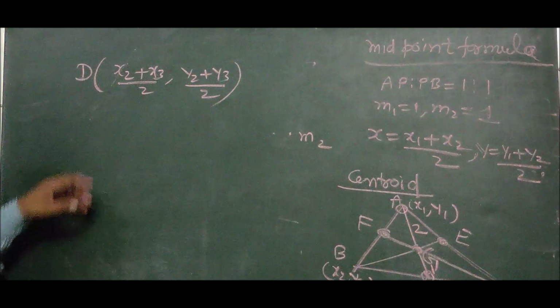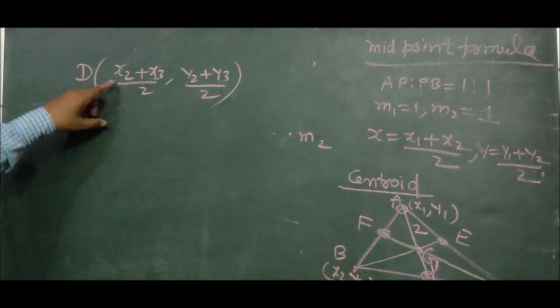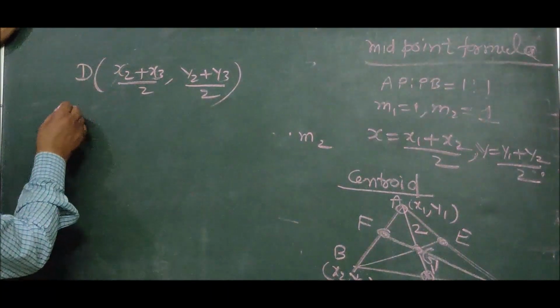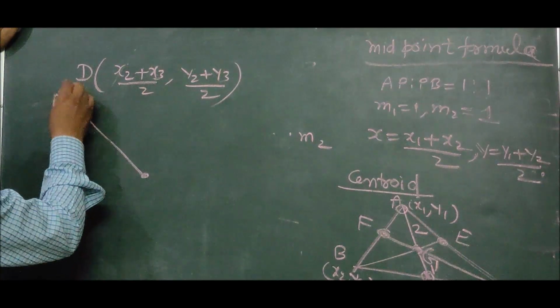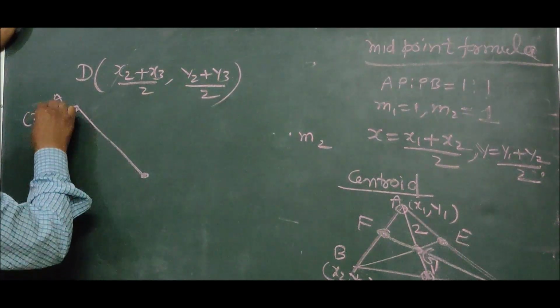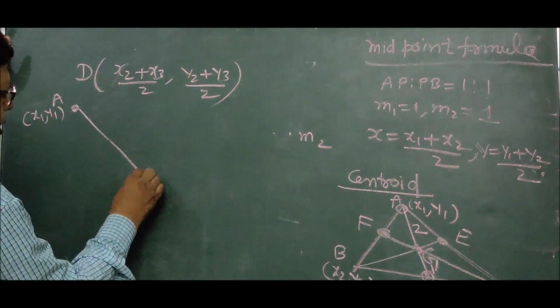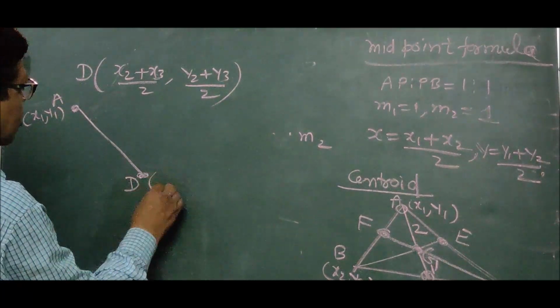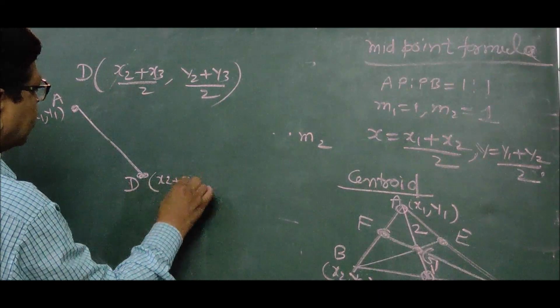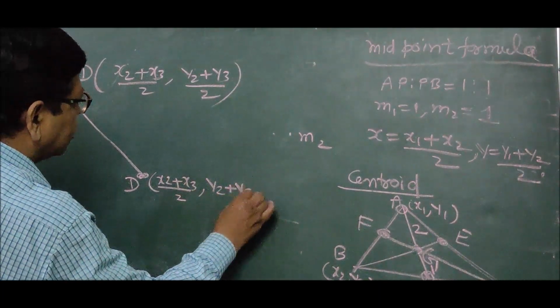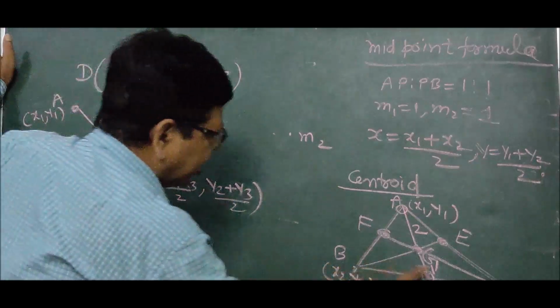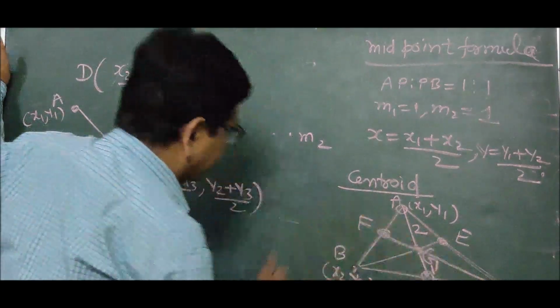A point has the coordinates x1, y1, and D point has the coordinates x2 plus x3 upon 2, y2 plus y3 upon 2, because D is the midpoint of BC.